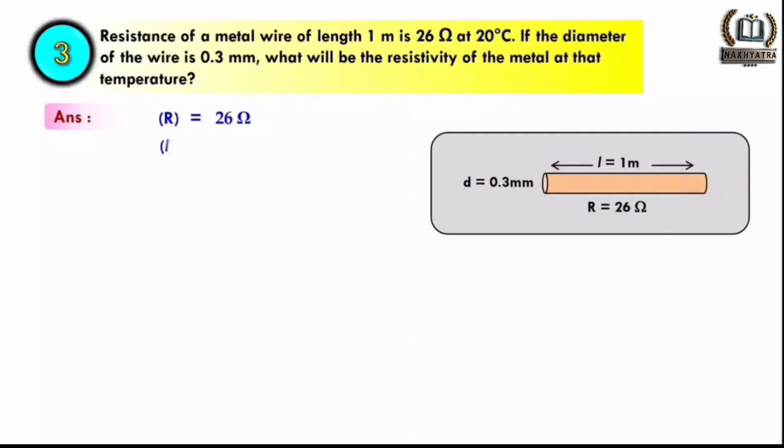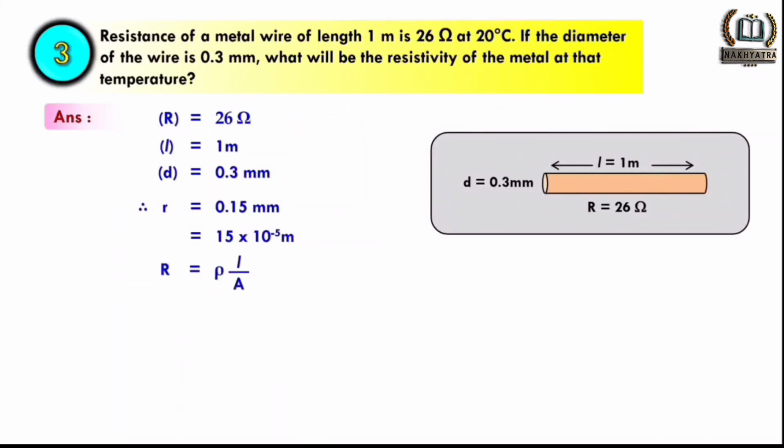Okay, so write the values. R equal to 26 ohm, L equal to 1 meter, diameter equal to 0.3 millimeter. Now write the radius. Therefore our radius will be 0.15 millimeter. Now since it is in millimeter, convert it into meter. Therefore it will be 15 into 10 to the power minus 5 meter.